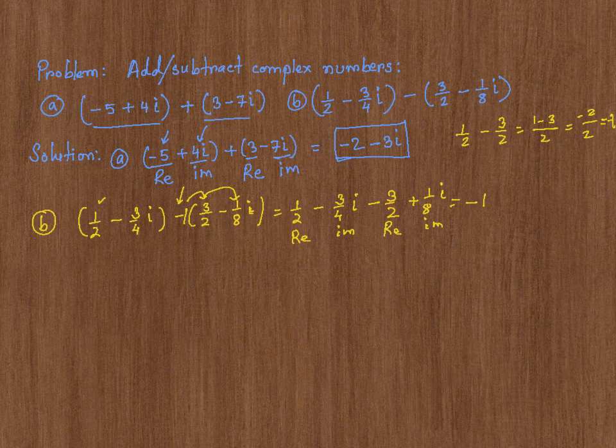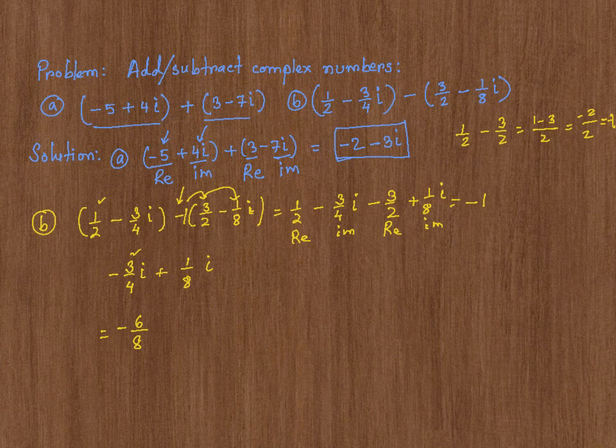How about the imaginary parts? If I add them, negative 3/4 i plus 1/8 i. Just as you would add two fractions, you just need to have the same denominator. So I'm going to multiply this one by 2 and divide it by 2. 3 times 2 is 6, and 4 times 2 is 8.